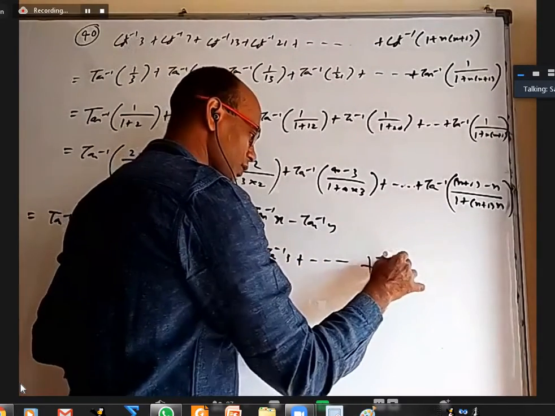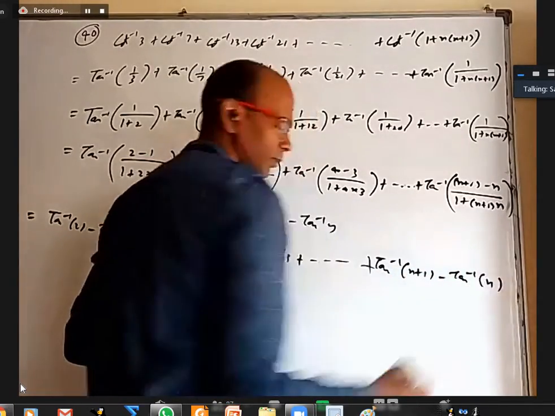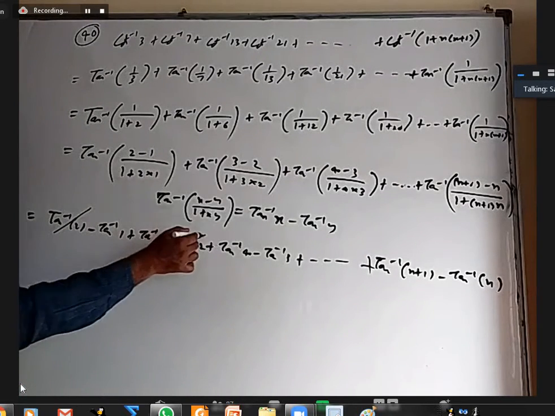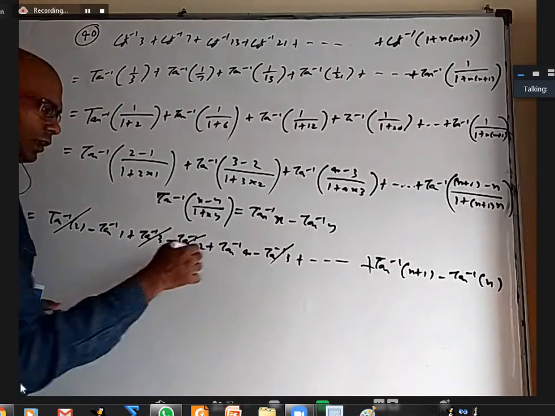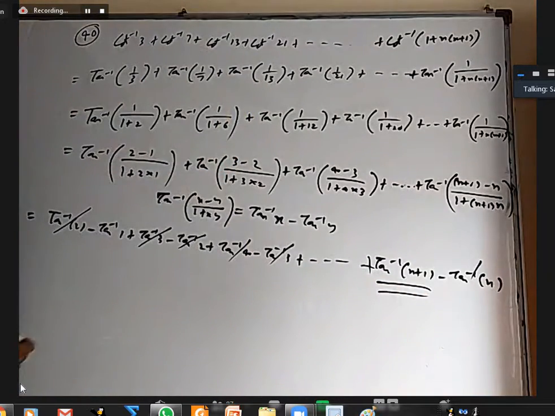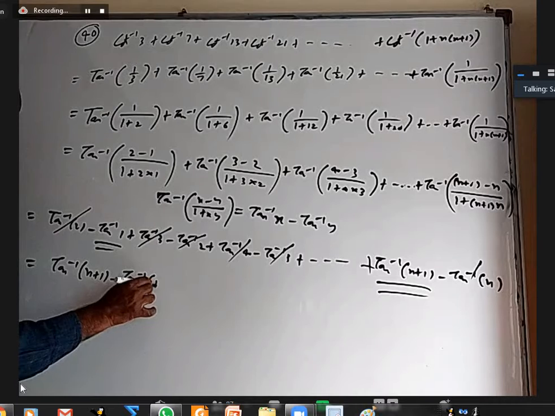This is tan inverse n plus 1 minus tan inverse n. Here plus tan inverse 2 minus tan inverse 2 will cancel. Plus tan inverse 3 minus tan inverse 3 will cancel. And so on. We will be left with the last positive term and the first negative term, which is tan inverse n plus 1 minus tan inverse 1.